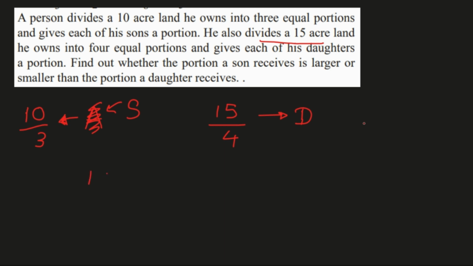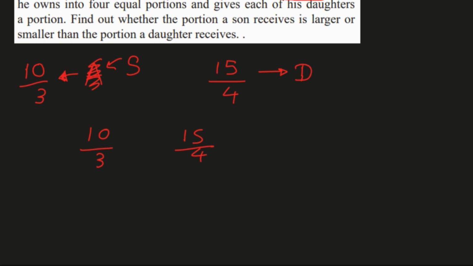So we know that it's 10 upon 3 and 15 upon 4. When you see these two fractions, both of them are improper fractions, and the denominators and the numerators of these fractions are different.